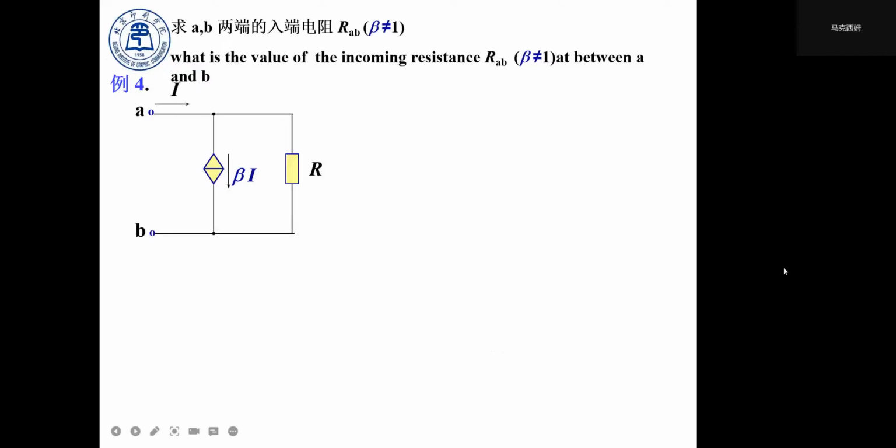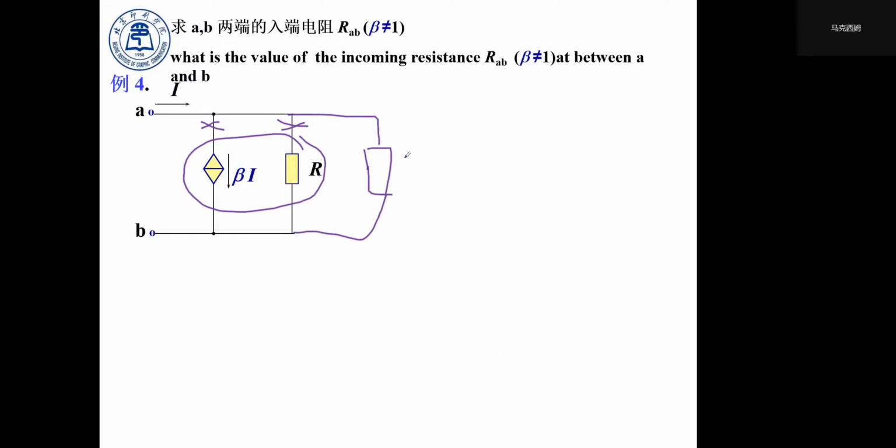Since we have a two-terminal network like this, we would like to know the equivalent resistance RAB from point A and point B. So we can cut them off and replace it with a single resistor RAB.